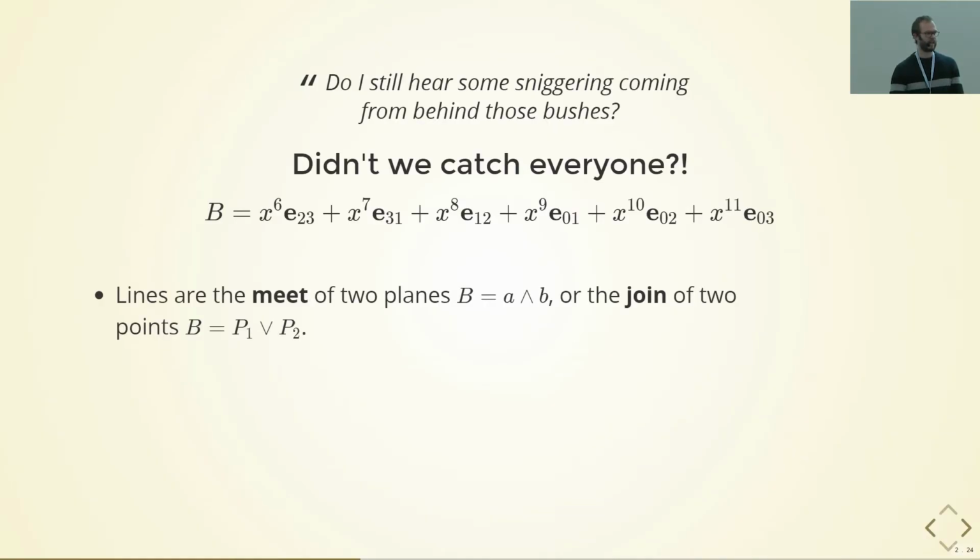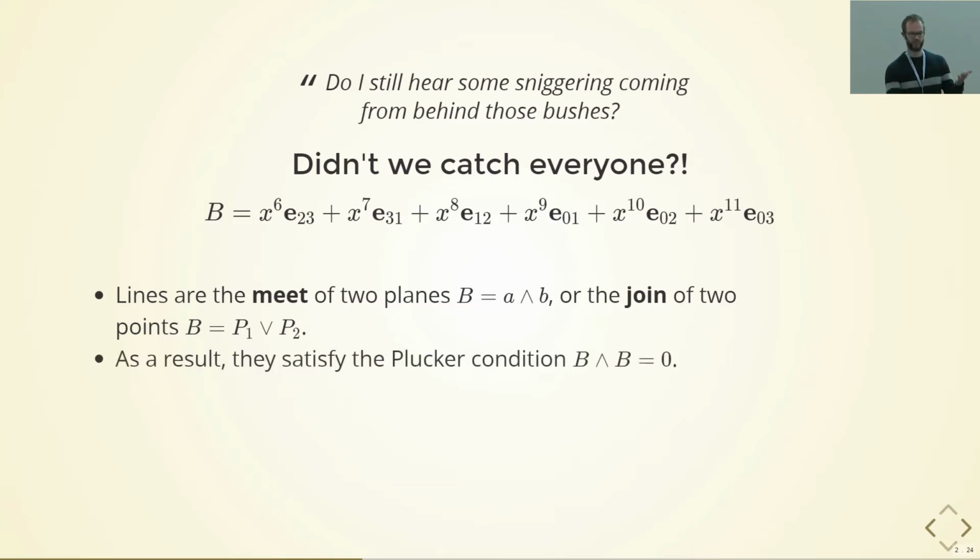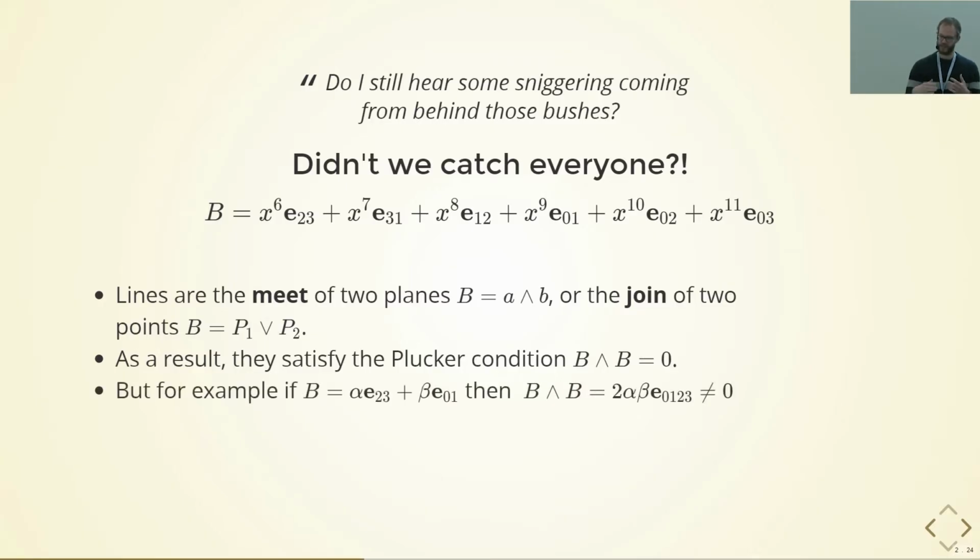So let's look again at this bivector part. We know that lines have to be the meet of two planes or the join of 2 points, right? That's how you make lines. If you make a line that way, then the wedge of it with itself should be 0, and that's called the Plucker condition. But if you make a general bivector B, it will not obey that criterion.